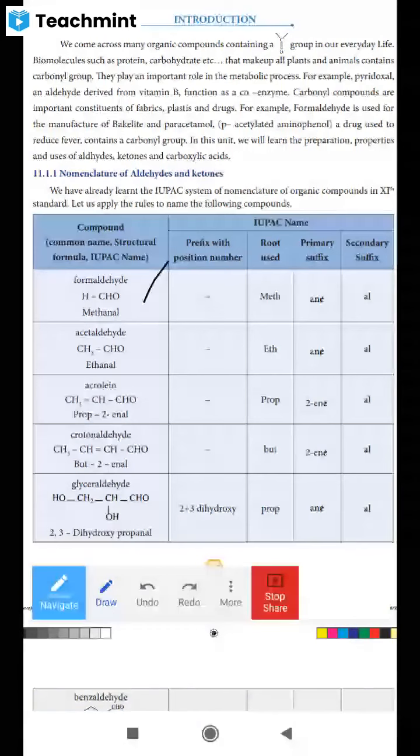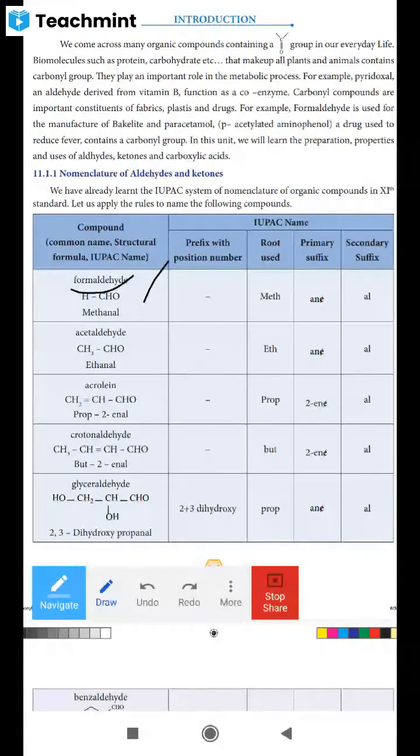Common name is formaldehyde. IUPAC name is methanal. Root word is meth, only one carbon is there. Primary suffix is saturated, that is single bond, so you give ANE. Last year itself we studied root word, primary suffix, secondary suffix.